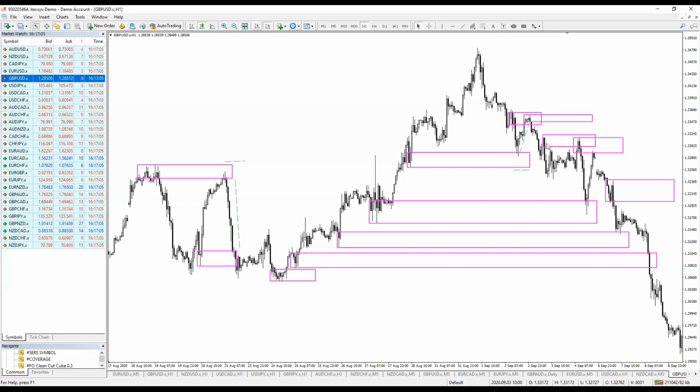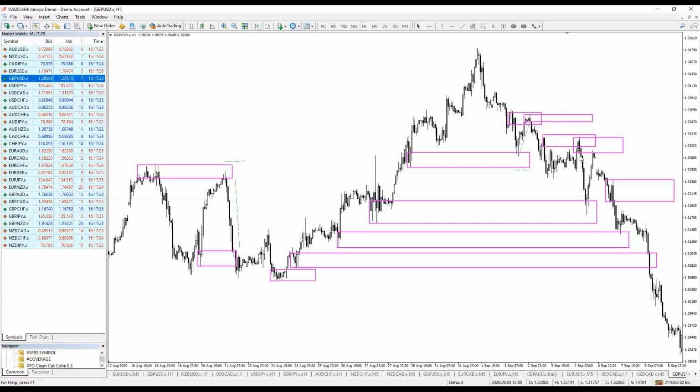The same thing we can see right here: a decision and the reaction to the decision actually create another decision and another decision. So this itself is translated into a trend going down.